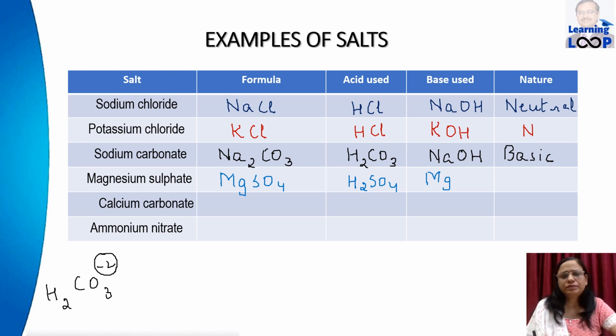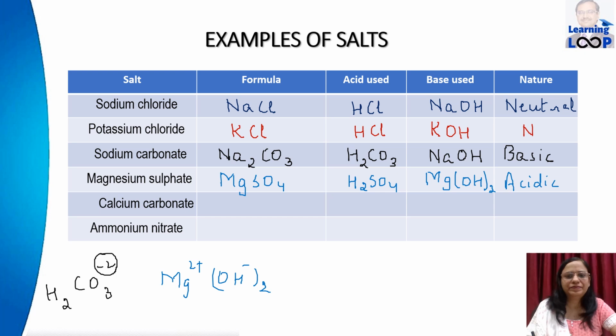And magnesium also has a charge of 2 plus. So the valency of magnesium is 2 plus. So we need 2 OH negative to balance that 2 plus charge. So the formula becomes Mg(OH)2. Now on close observation we find that the acid here is strong. So the nature of the salt here would be acidic.